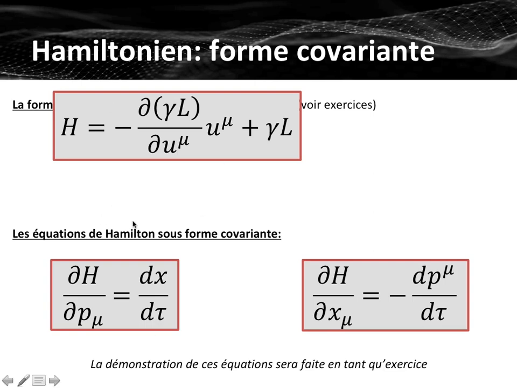Now, from this we can get the Hamilton equations, as they are called, in their covariant forms. It's similar to the Euler-Lagrange equations, if you want. These equations we will demonstrate in exercises. They relate the variations of the Hamiltonian with respect to the linear momentum, the 4-vector, and to the 4-vector position.